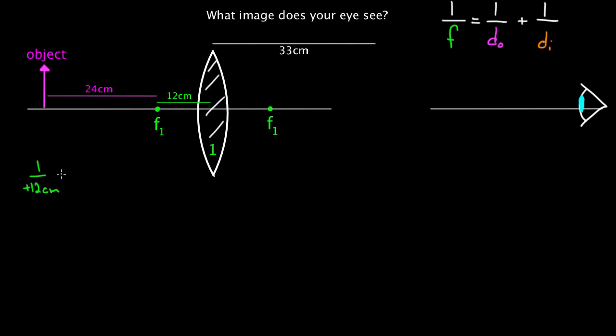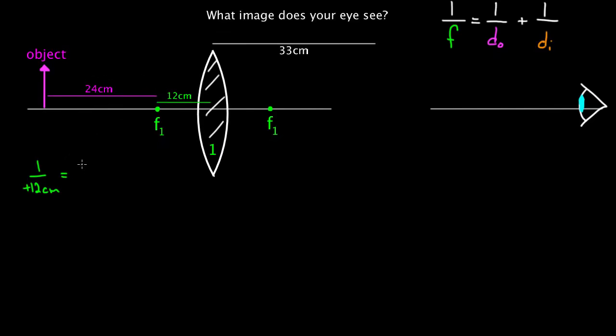Positive 12 centimeters equals, all right, object distance. So 1 over the object distance, that's 24, right? No, all distances are measured from the center of the lens to the thing you're looking at. So for an object distance, I'd have to go from the center of the lens all the way to the object. Don't just plug in any number they're giving you. I've got to plug in that distance, and that's going to be 24 plus 12.